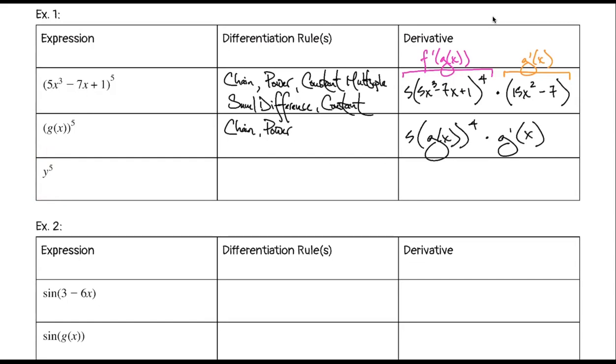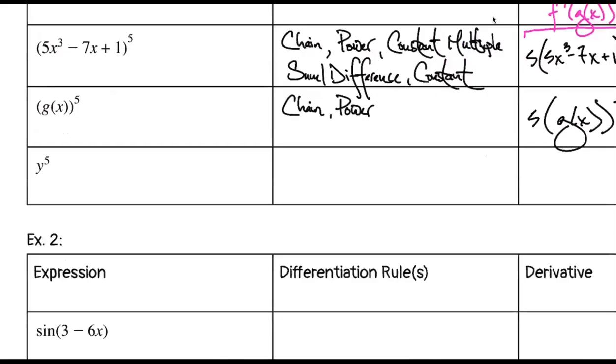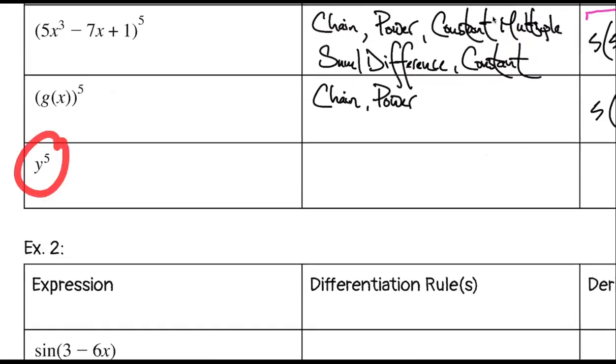Ooh. I could not have asked for 2 better answers to be thrown out into the chat. Okay, so power rule. I would agree that we're gonna need power rule because we have y to the 5th, okay?